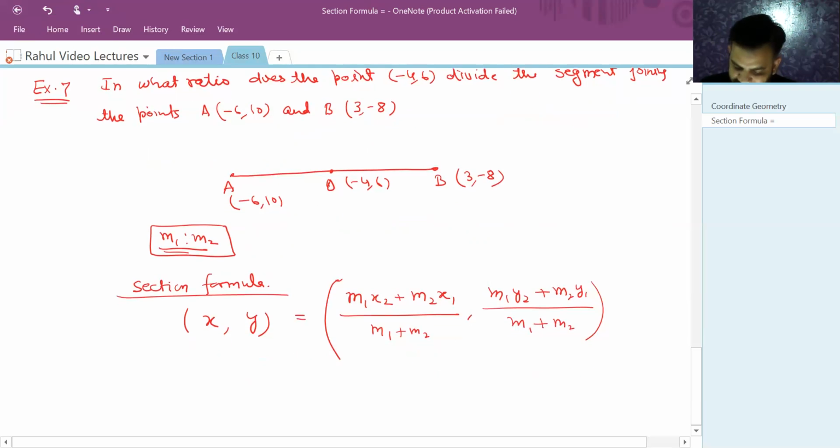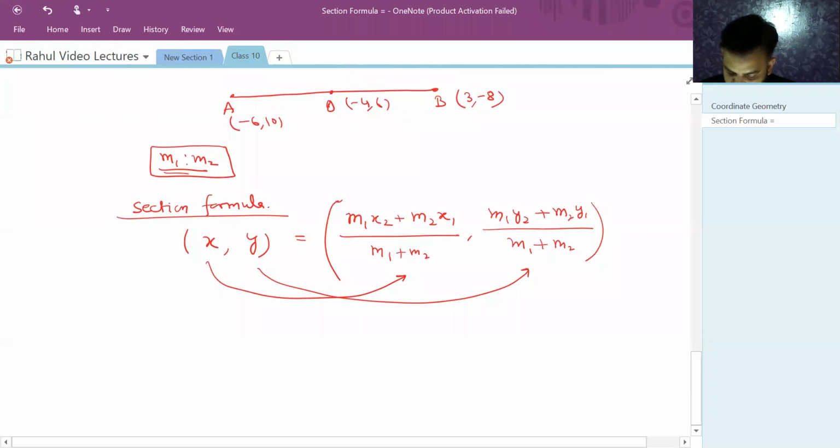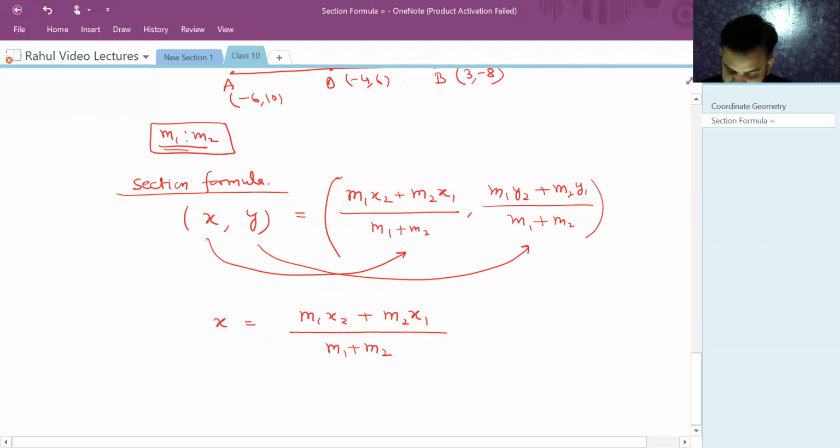So we can take any one formula. We can do using x and we can do using y. So we are taking x. So x equal to m1 x2 plus m2 x1 divided by m1 plus m2. So what is the value of x? That will be your -4. And m1 you don't know. And x2 will be your 3.